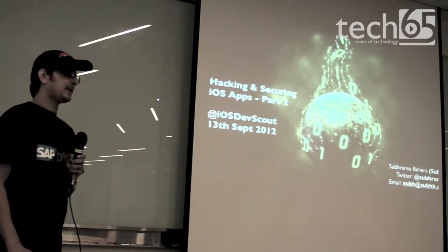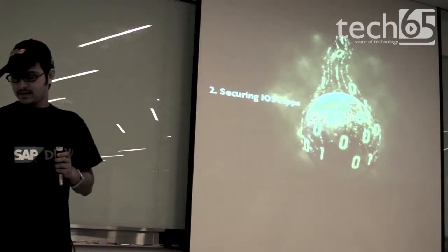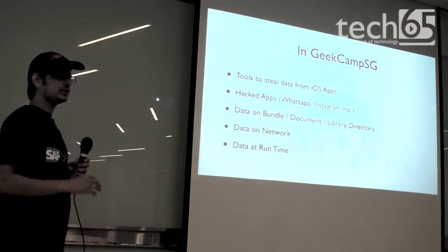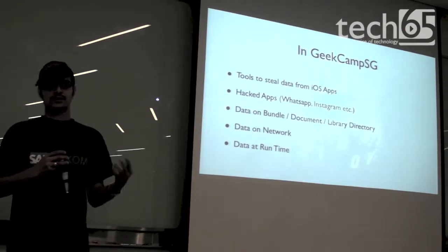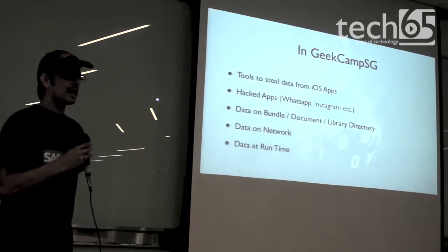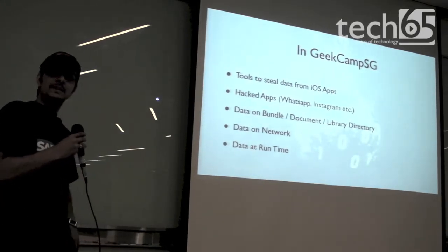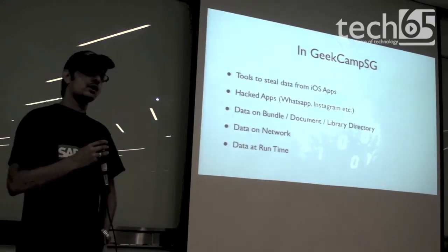So in Git Camp, I used some tools to steal data from some of the popular apps like WhatsApp, Instagram, Angry Birds. On a very basic level, you can get the resource files like images, audios, videos.